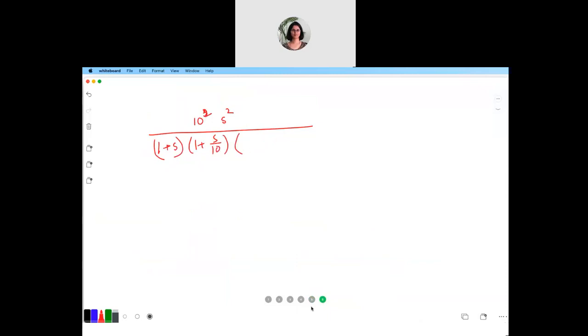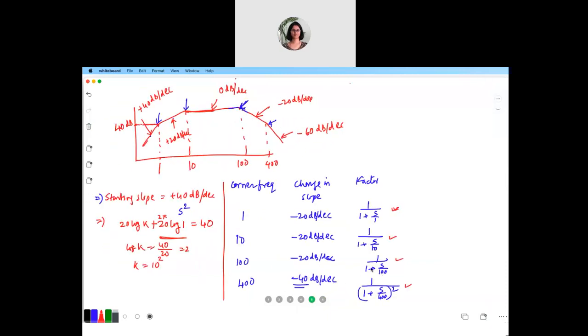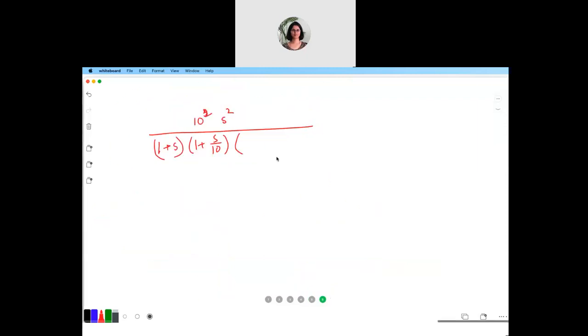Then the third term is 1 plus s by 100, then 1 plus s by 400 squared. Okay, is that fine?